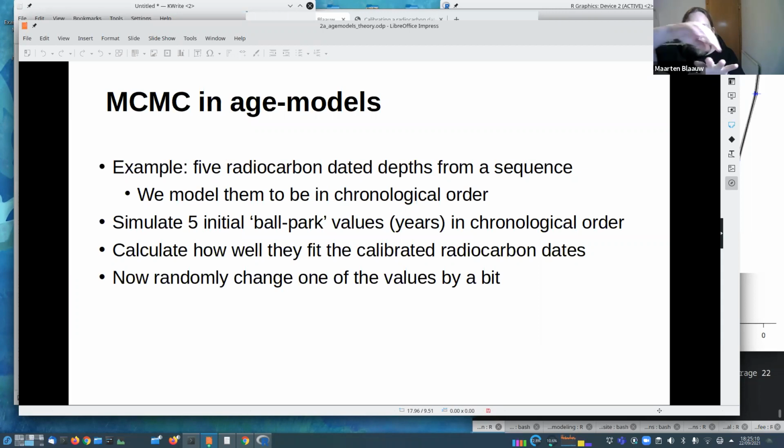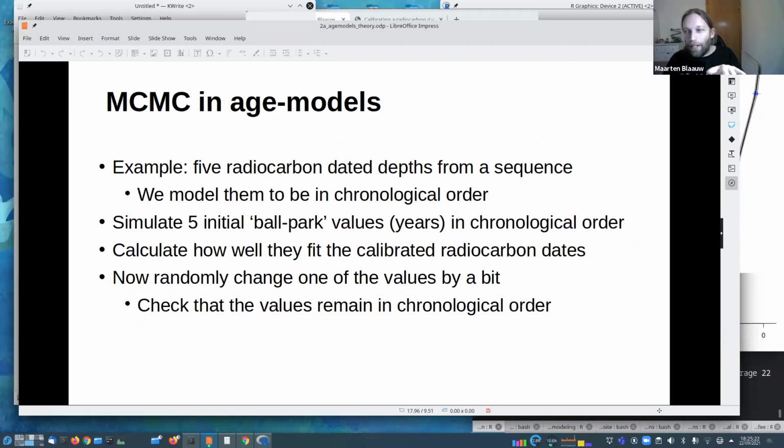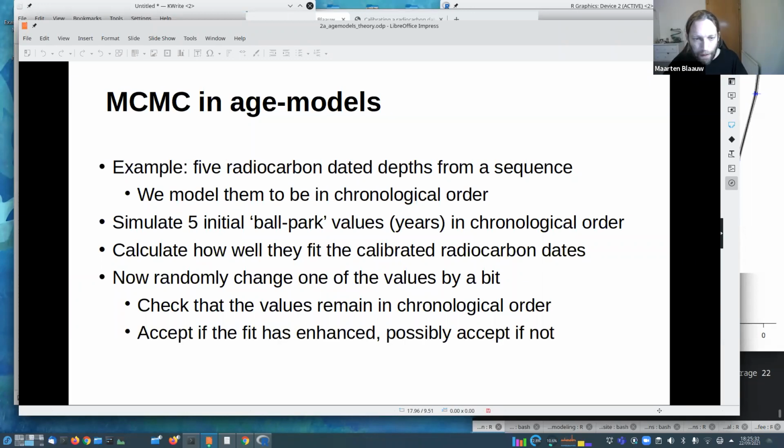Then again, randomly, we choose one of the parameters and we change that one parameter by a tiny little bit. Then we check first that the values remain in chronological order, that there's no reversal. We don't want reversals. If there are any reversals, we will not accept them.